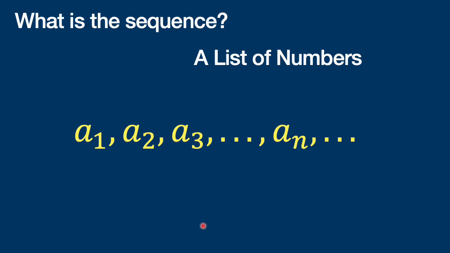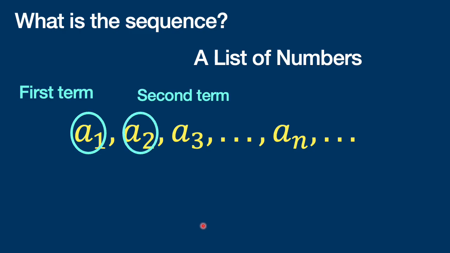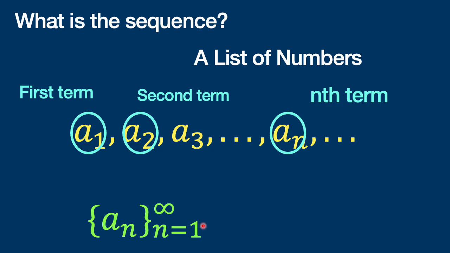That's the general form of a sequence. a1 we call the first term, a2 the second term, a3 the third term, an the nth term.